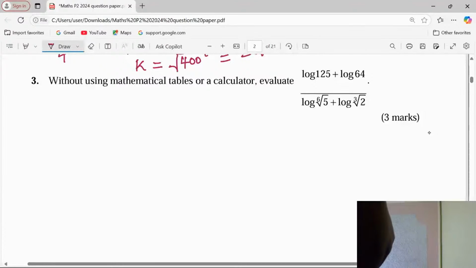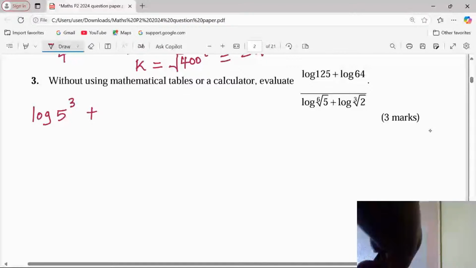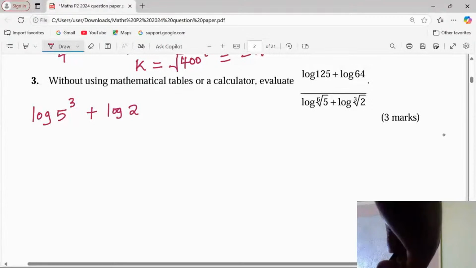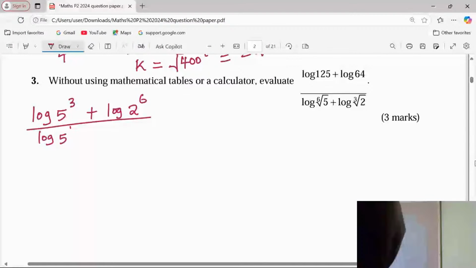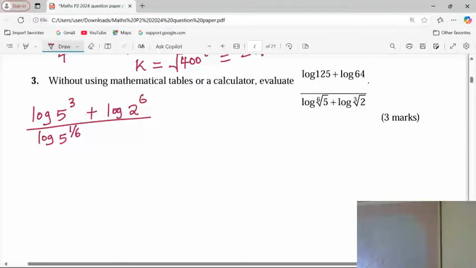This will be the log of 5 power 3, plus the logarithm of 2 raised to power 6 instead of 64. This is divided by power 1 over 6.